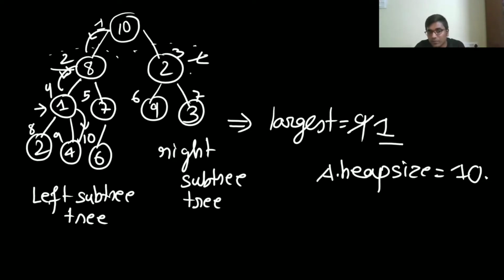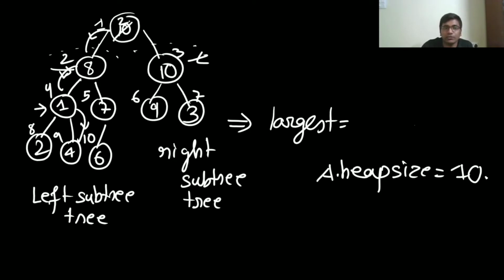So you have to call Max-Heapify on the largest, because largest is 3. Let me show it step by step. Initially it was having 10 here, 10 here, 10 here, and 10 here.